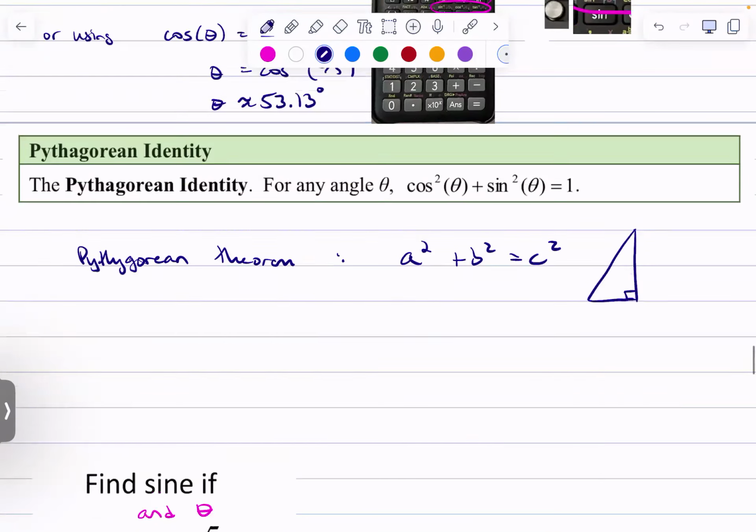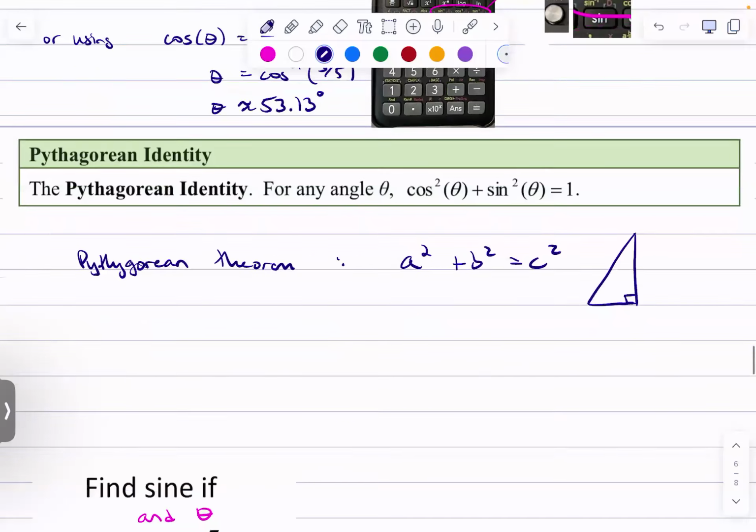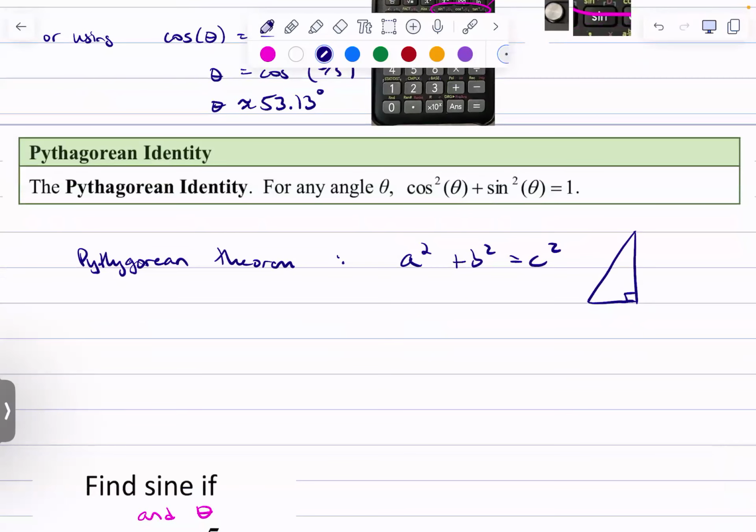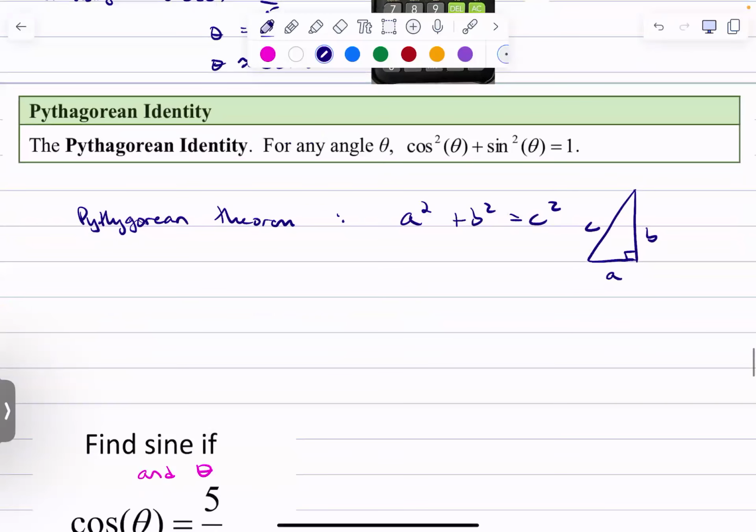And let me map it so that it matches here. I'll call this A, B, and C. Or we can replace it with x squared plus y squared is equal to r squared, right? This is your x, and this is your y, and this is your r, if you're working on a circle with a coordinate system.